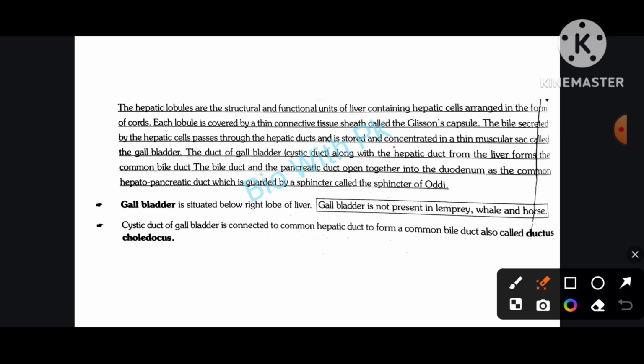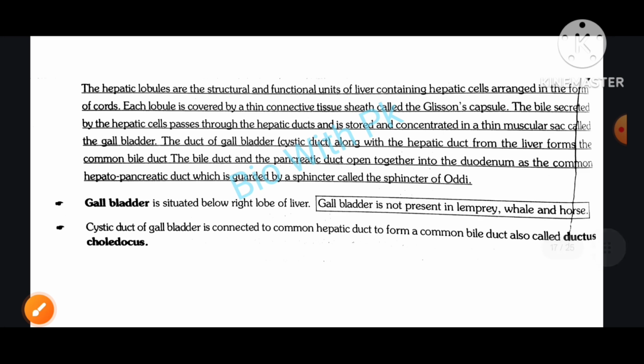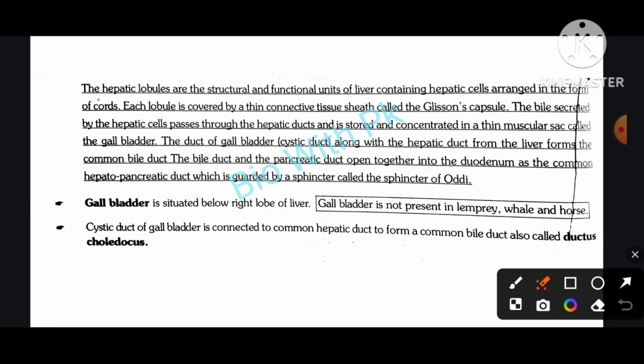The hepatic lobules are the structural and functional unit of the liver, containing hepatic cells arranged in the form of cords. Each lobule is covered by a thin connective tissue sheath called Glisson's capsule.